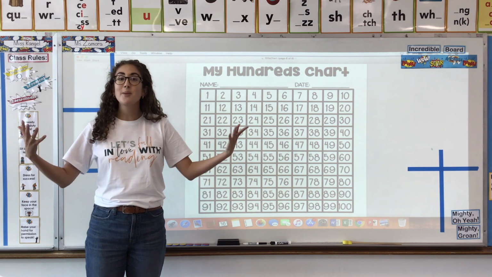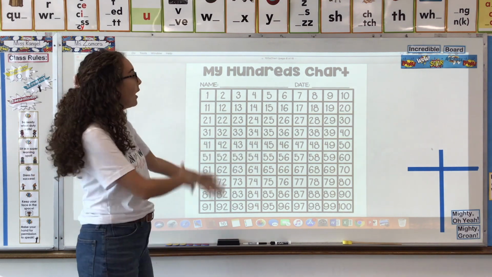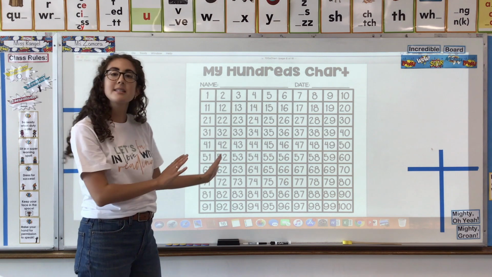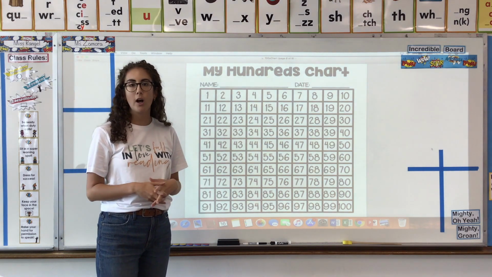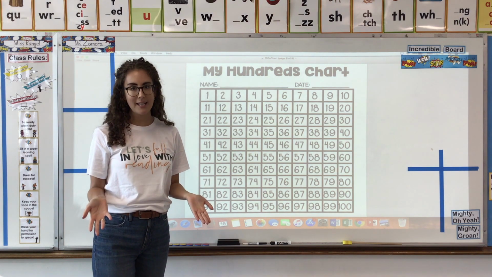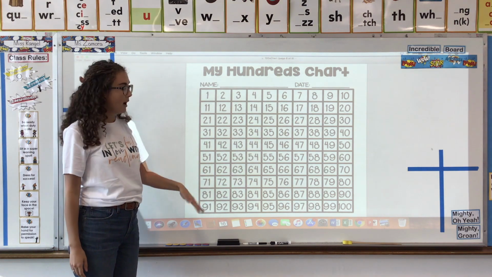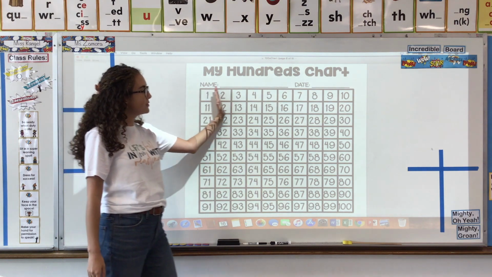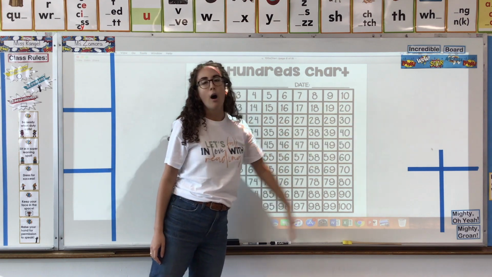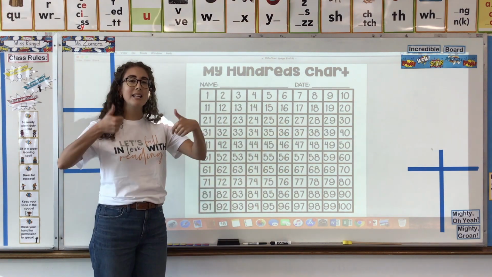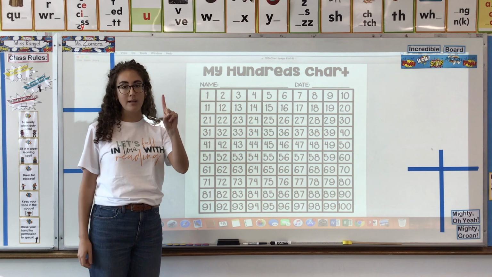Okay, so I'm introducing you to our hundreds chart. This is the tool that is going to help us with the concept of making the next 10. On our hundreds chart, you can notice when we go from left to right, all the numbers are increasing by 1.